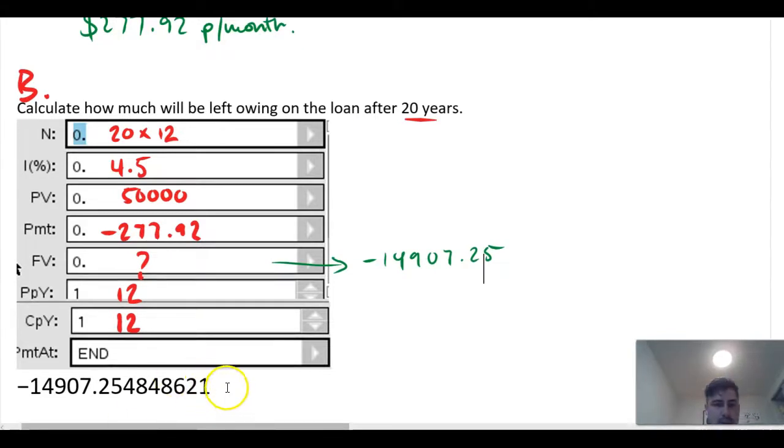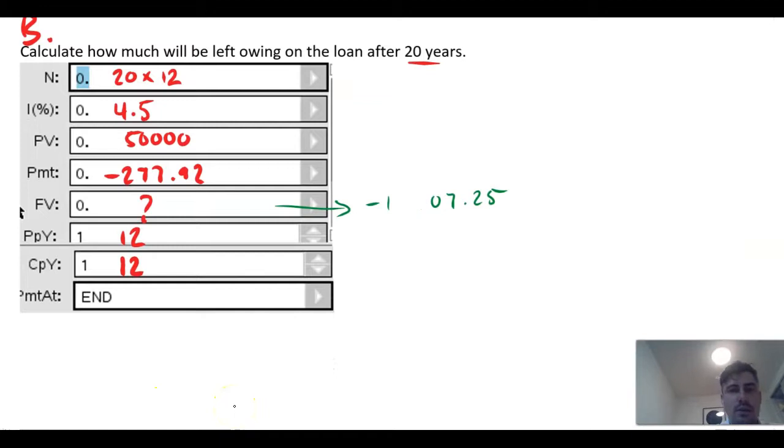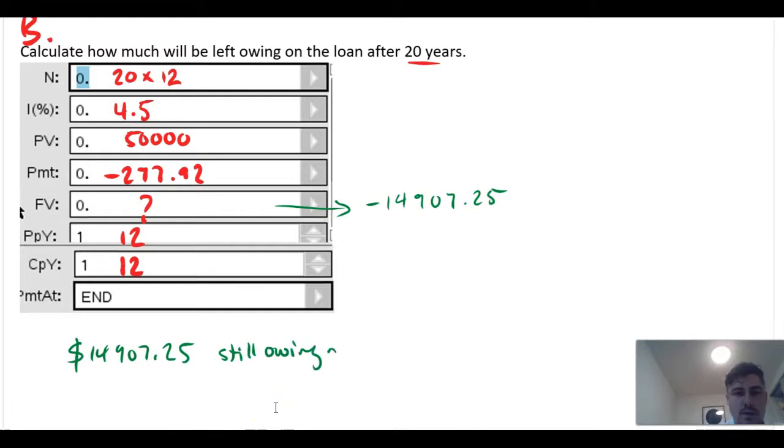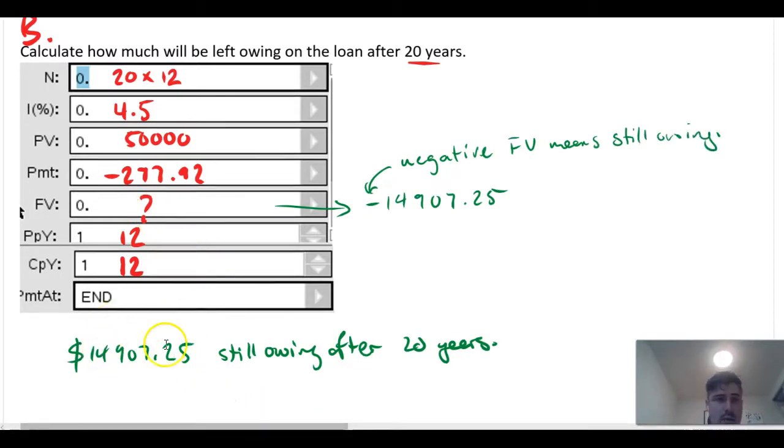We round everything to 2 decimal places in the end because the answer is to 2 decimal places, but don't round until you've done all of your calculations. So, still owing after 20 years. And I'm just going to make a note of negative FV means still owing. Okay, if it went positive, the bank would owe you.